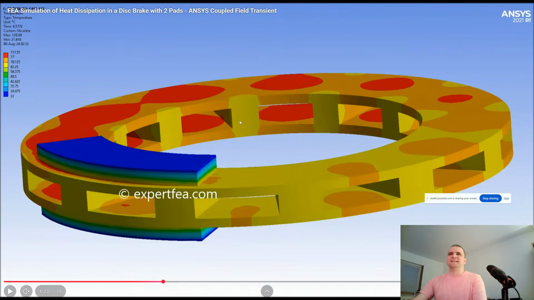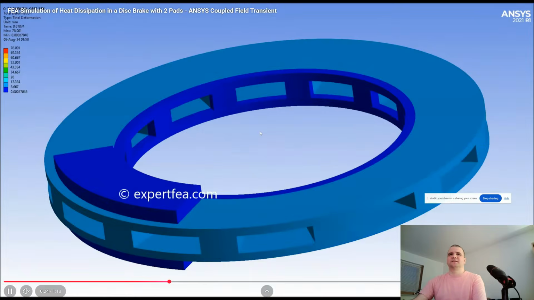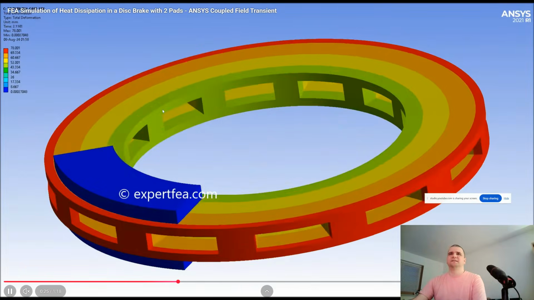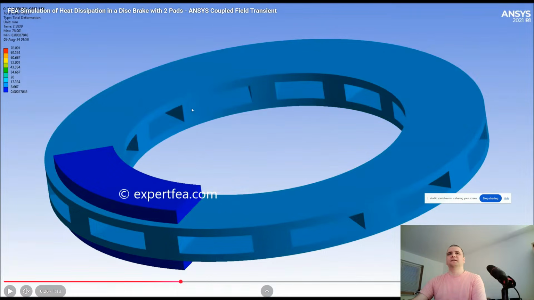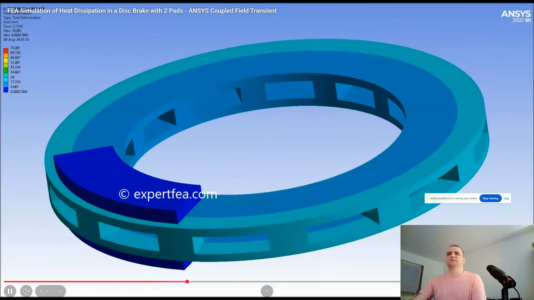And it takes into account these separation walls. It's so nice. In reality the separation walls act like heat dissipating fins.